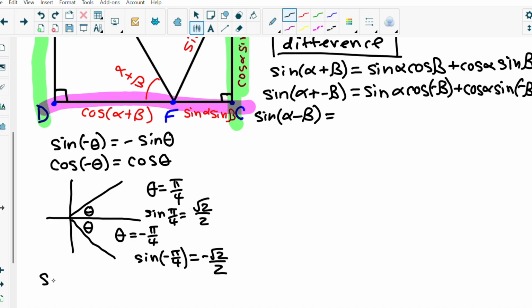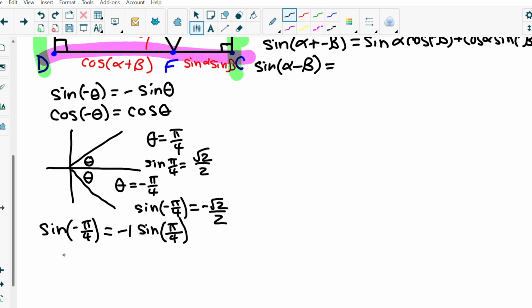Okay, so if I line this up, if I say the sine of negative pi over 4 equals, well, I have to adjust the positive version of the angle, sine of pi over 4, by negative 1 so that it's true. Let's take a look. Sine of negative pi over 4 we said is negative square root of 2 over 2 equals negative 1 times what, sine of pi over 4? Square root of 2 over 2.